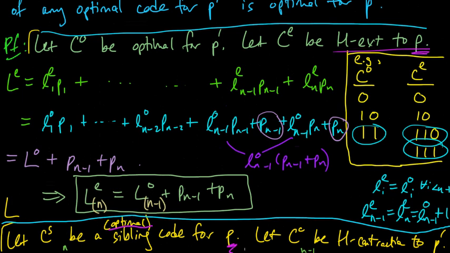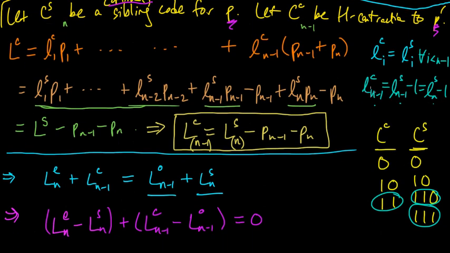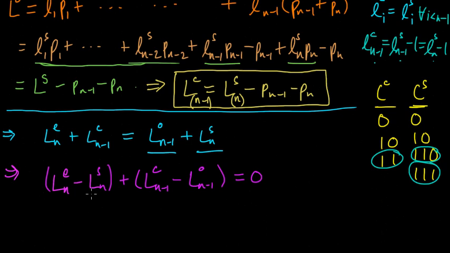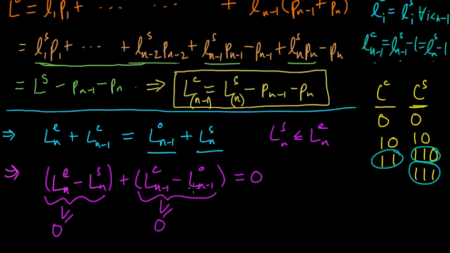So they were both on P, and now we're comparing C_O, which is optimal for P prime, and C_C, which is some code for P prime. Since the optimal one is always less or equal to this one, this quantity right here is greater or equal to 0. And likewise, since we're subtracting the optimal, this is greater or equal to 0. So we have a sum of two non-negative things, and their sum is 0.